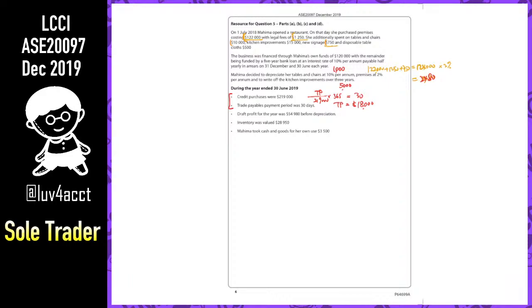This is interesting. Cash and cash equivalent is not given to us, so we have to calculate this as the balancing item.